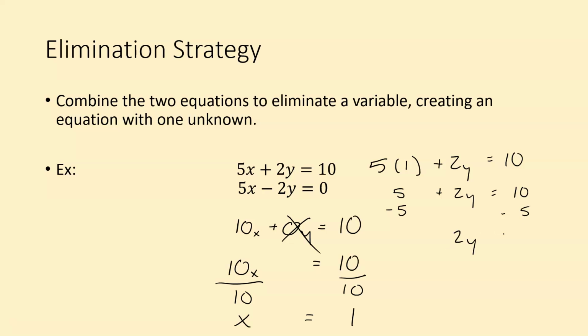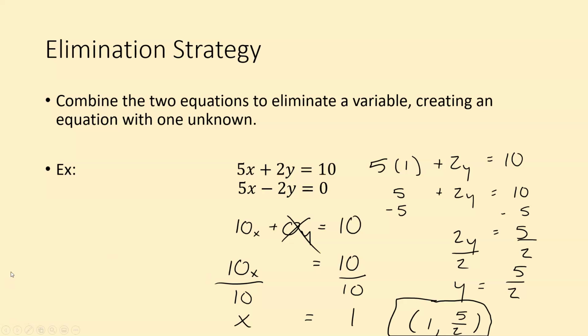So we get 2y equals 5. Then divide both sides by 2. And you get y equals 5 halves. So the final answer would be (1, 5/2). It's an ordered pair. Remember, it's coordinates on a grid. So this is our final answer here.